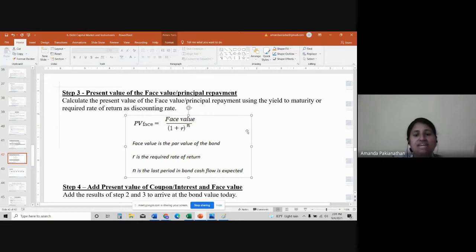A way to find N, or you can write it here, N is equal to number of years into coupon periods for a year. So 5 years, let's say, and for a year there are 12 coupon payments coming in, then N would be 60, the very last. Why? Because only then the face value is repaid. Now doing this will let me know the present value of the face value that I would get in 5 years time.